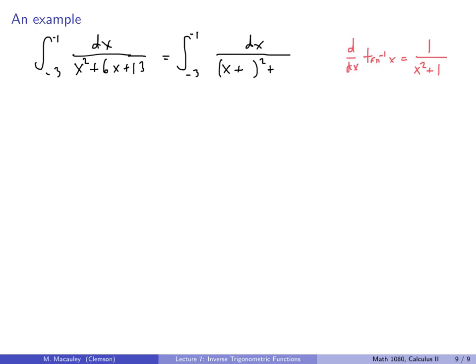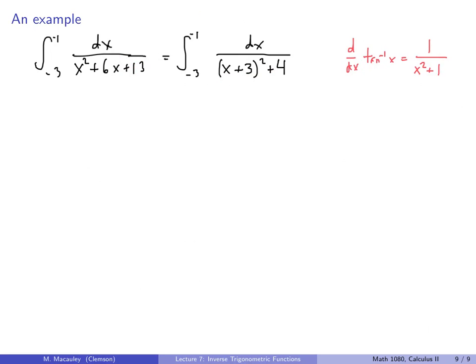Now this 6x has to be twice this term times that term. So this has to be a 3. And now if you multiply this out, we have x squared plus 6x plus 9. So this term here, that's a 13. So this has to be a 4.